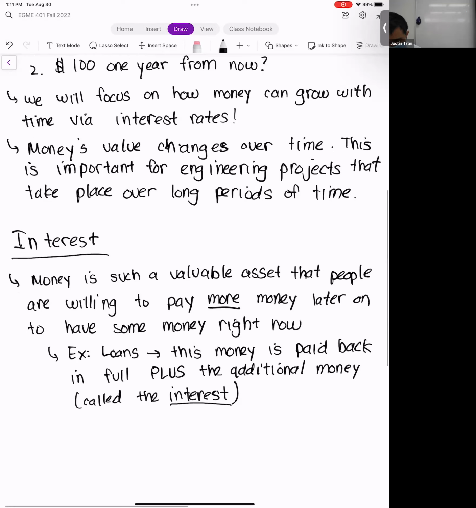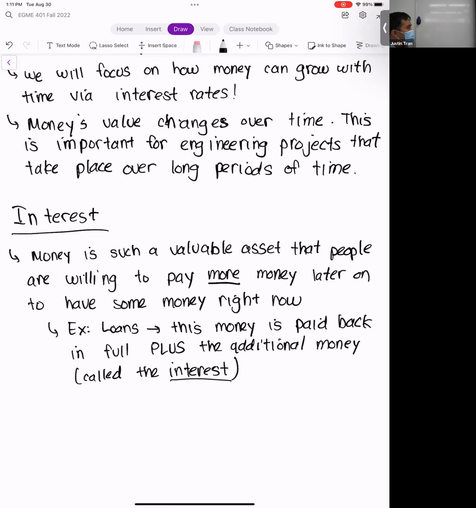Usually the way that we compute interest is based on a percentage of the original amount. I guess maybe I should put a definition here first. The original amount that you use to take out a loan, we often call that the principal.